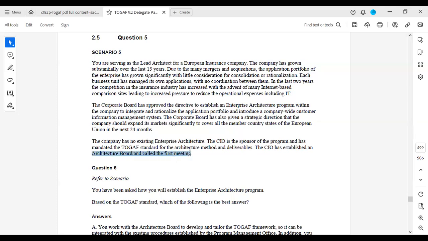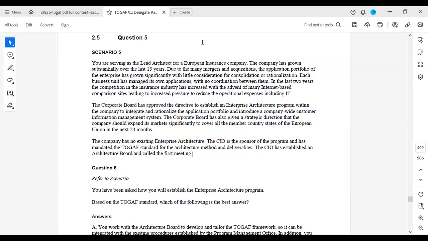That means you have an existing architecture board and you don't have to do anything, though probably we have to make it suitable for this. They say the architecture board is already created, however you have to start from scratch. So the question is about the preliminary phase.